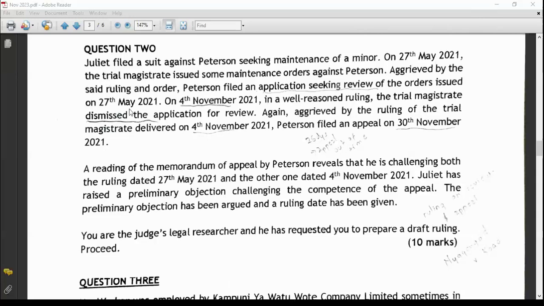Civil Procedure Rules 2010. So let me share.